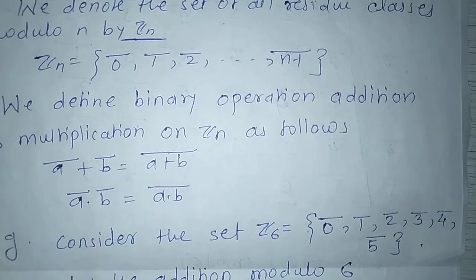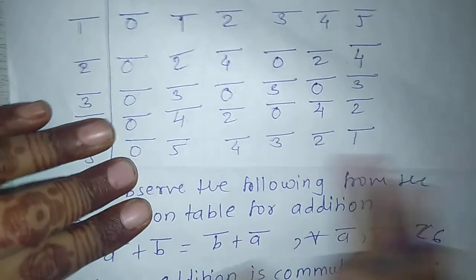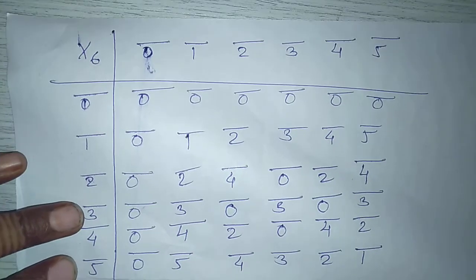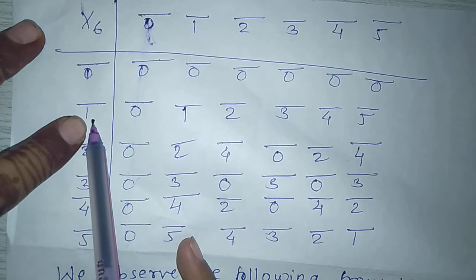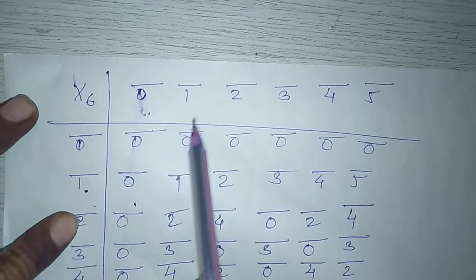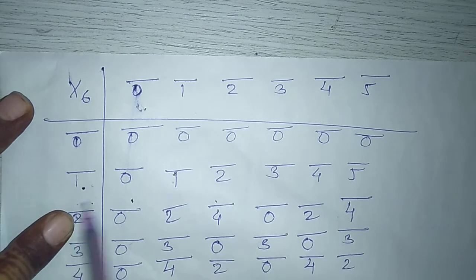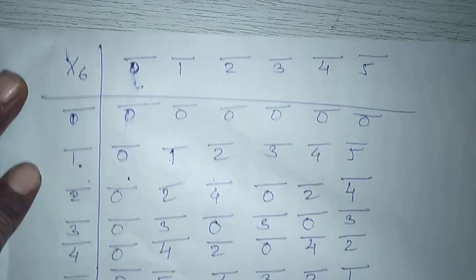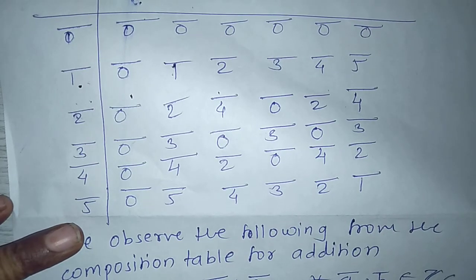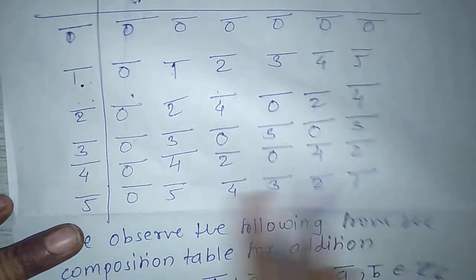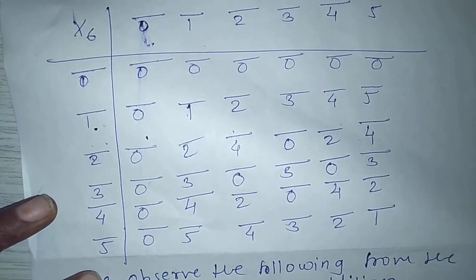Now in the composition table of Z6 under multiplication, we observe that 1 is the multiplicative identity of Z6, because 1 into 0 is 0, 1 into 1 is 1, 1 into 2 is 2, up to 1 into 5 is 5. Also it is commutative, associative, identity exists, but what about inverse?